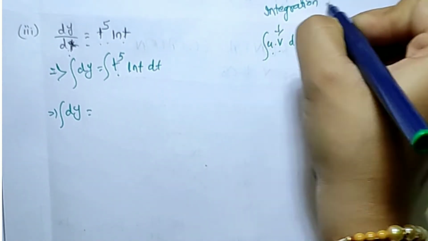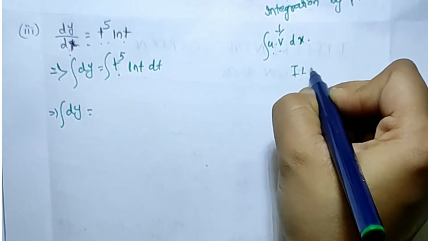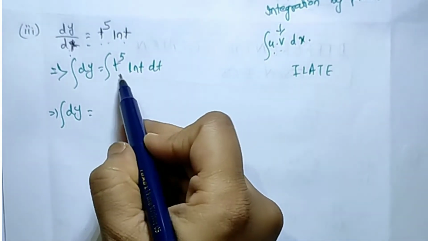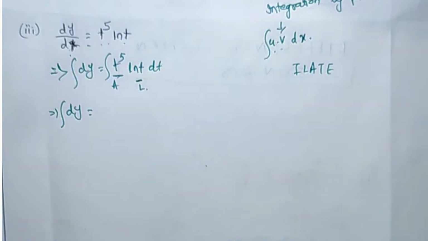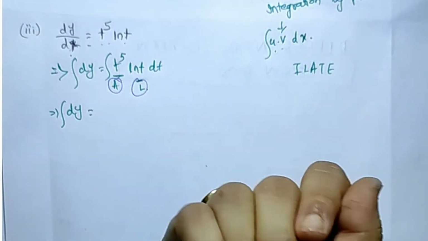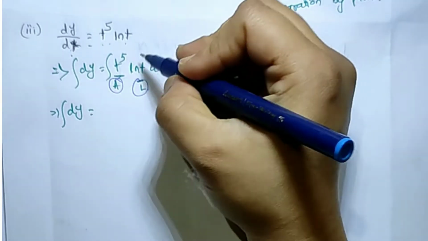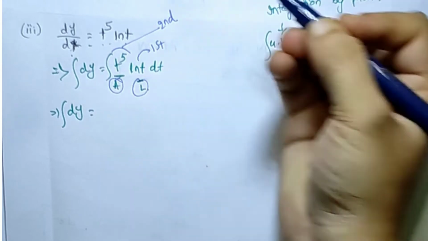Integration by parts. Okay, ILATE. So here this is algebraic and this is logarithmic. This is the algebraic function, this is the logarithmic function. So which one is the first function? Logarithmic. This is the first function and this is the second function.